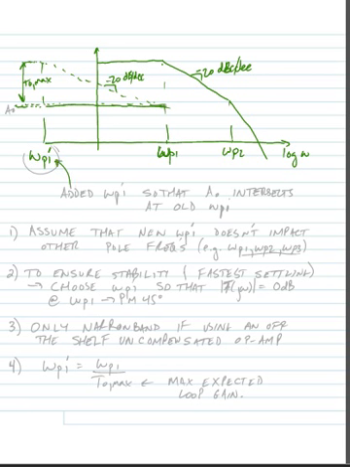Okay, so just to summarize what we did, we added this pole omega P1 prime so that our minimum closed loop gain A sub 0 intersects at the old omega P1.